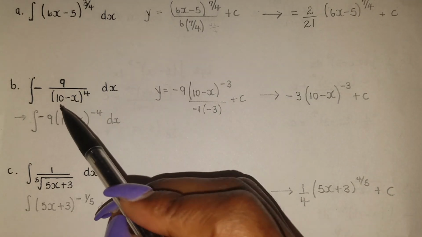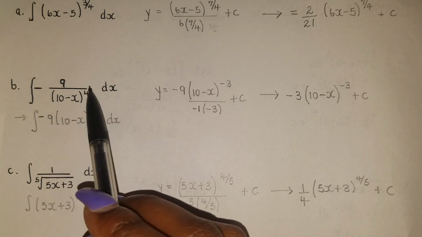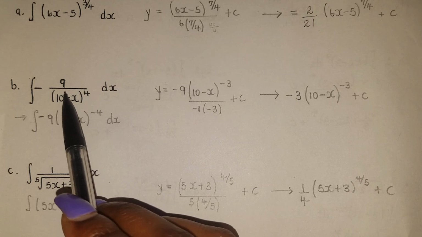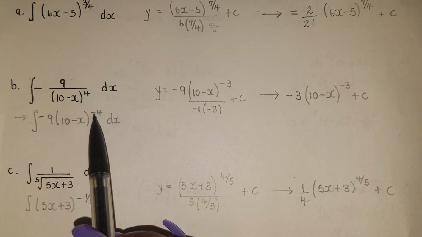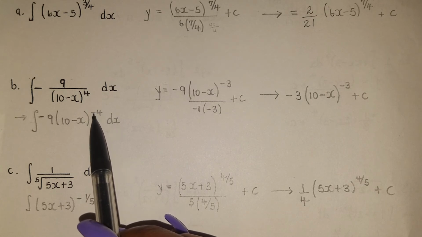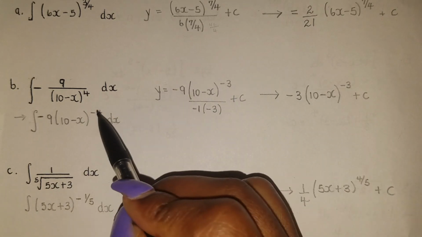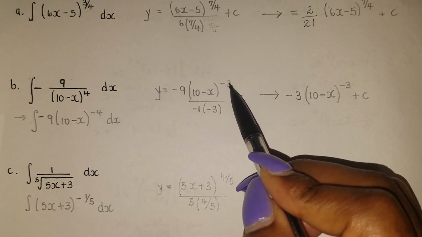Second question. The integral of -9 all over 10 minus x raised to a power of 4. Now our 10 minus x to the 4 gets brought up and gets raised to a -4. So now this is what we're integrating. We add 1 to our -4 to get -3 and divide by -3.